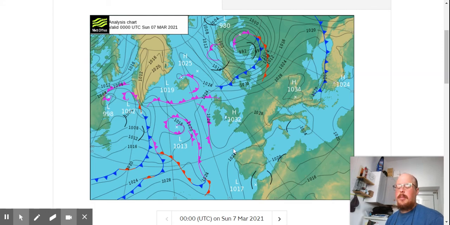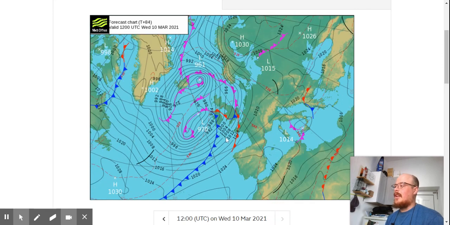Feel free to look that up and tell me that I've got it wrong. But this is explaining why we've had good weather over the weekend, because we've got this big high pressure, and this explains this big low pressure, why we're going to get bad weather on Wednesday. I think. Again, I'm not 100% sure because this is only a prediction of what this pressure system might do. It might do it, it might not. Let's find out.